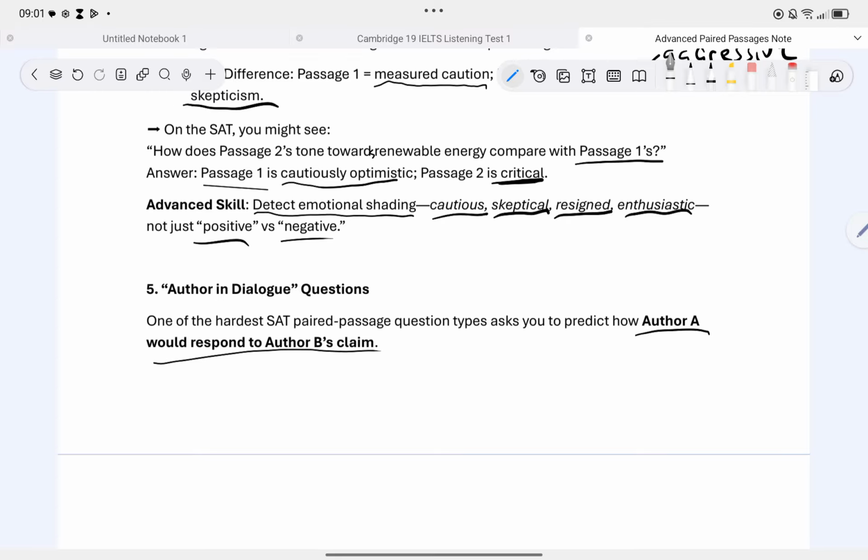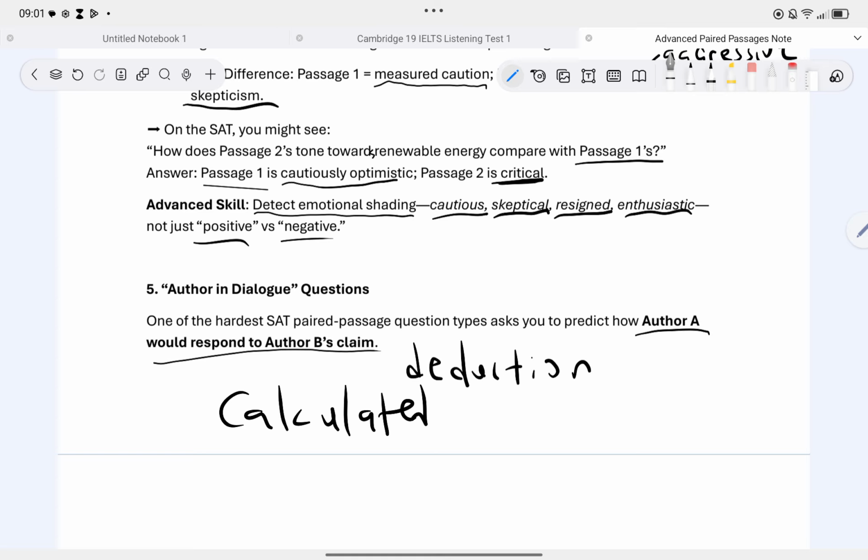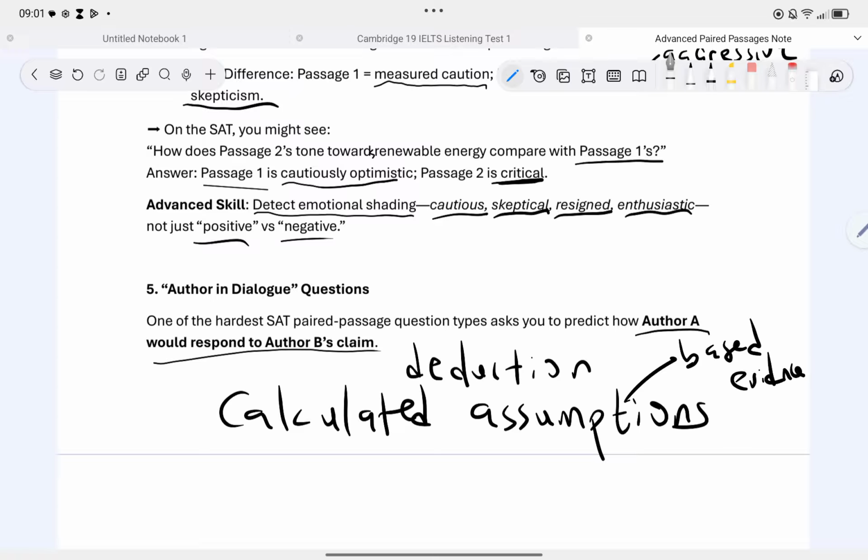So this is testing your ability to make deductions and calculated assumptions, that is, based on the evidence you have. Based on the evidence you have, can you make a calculated guess?